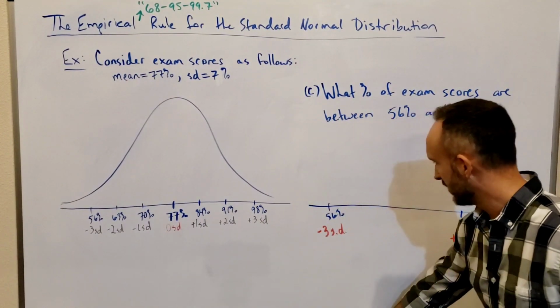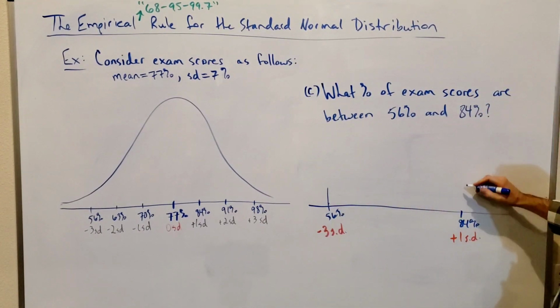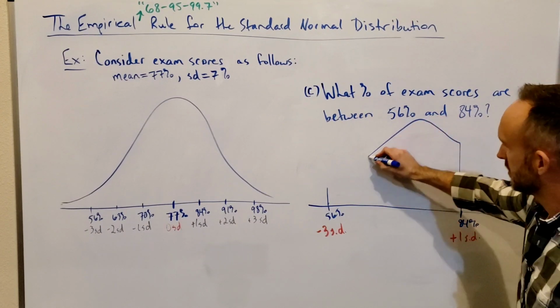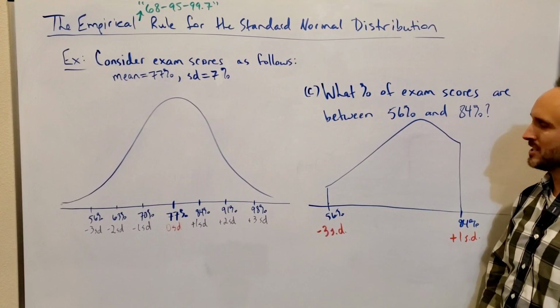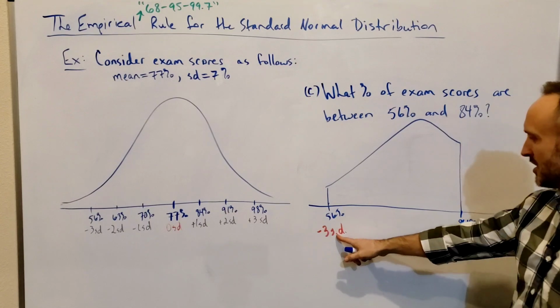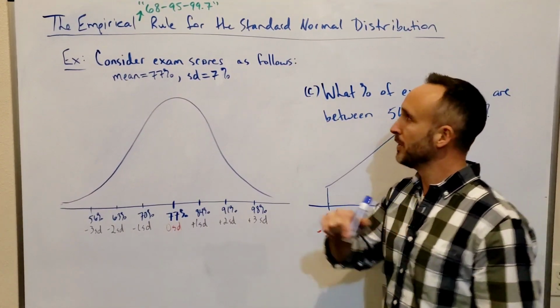So if I were to focus just on that portion, then I would have something like this. Okay, and I'd want to know the percentage of the data that lives within this part of the curve. Now, if I were to continue, clearly I'm going to have to use 2 parts of the empirical rule.